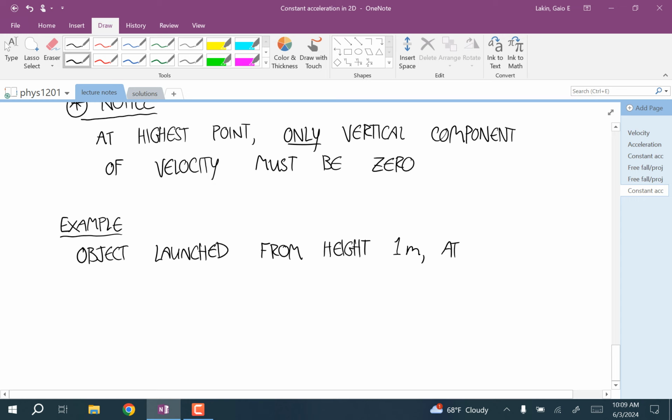At launch, its speed is 20 meters per second, at an angle of 30 degrees above the horizontal.